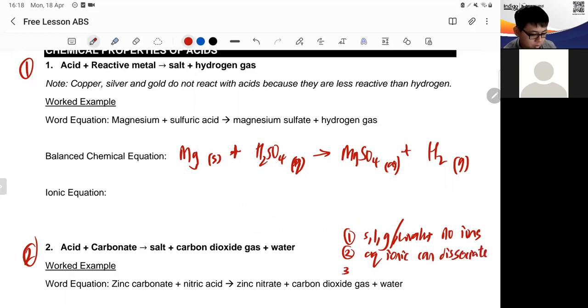Number three, I need to cancel out the spectator ions. What are spectator ions? In fact, if you ask me this, you need to understand what's the point of the ionic equation. It's simply about me trying to find out what exactly reacts. Although on paper it looks very nice, Mg plus acid gives salt and H2, but does everything react?